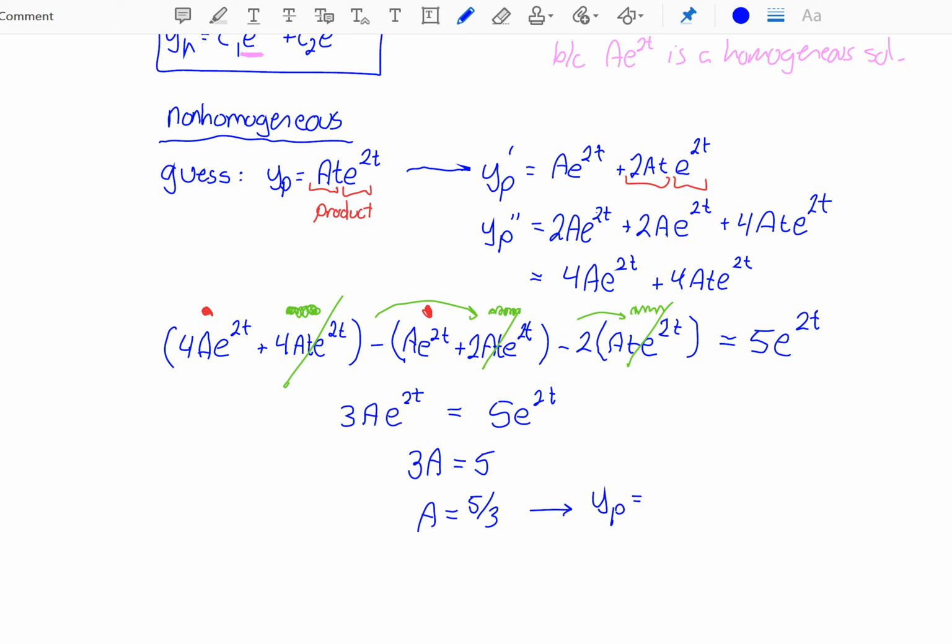Or yp is going to be 5/3 t, don't forget that factor of t, e to the 2t. This is our particular solution to the non-homogeneous equation.